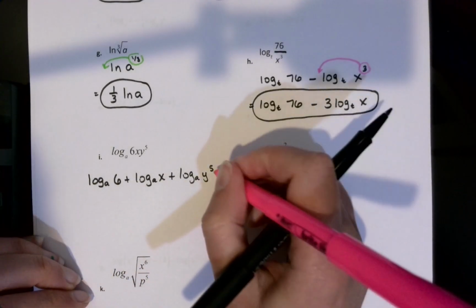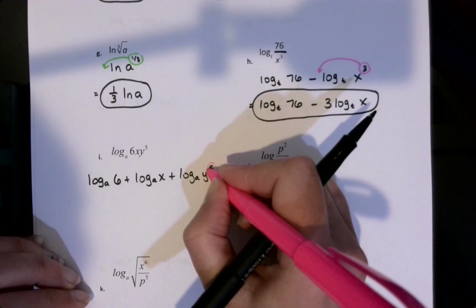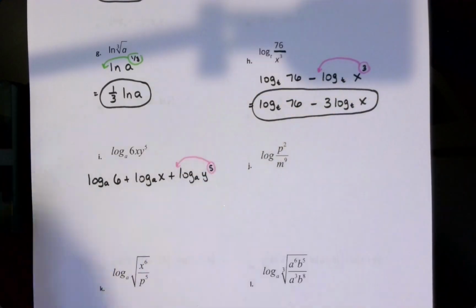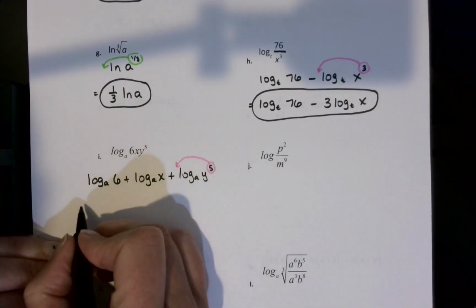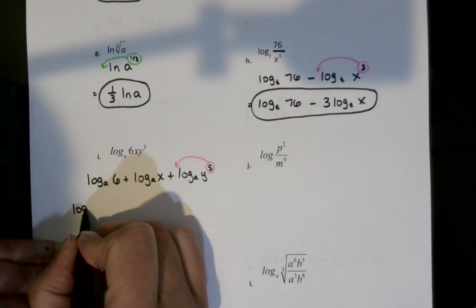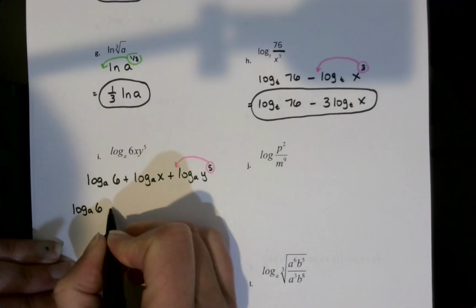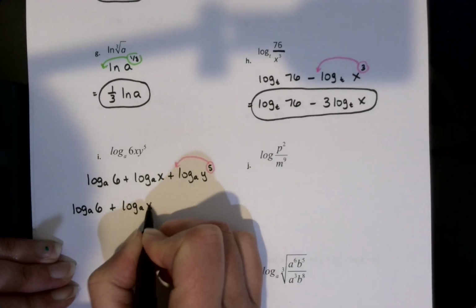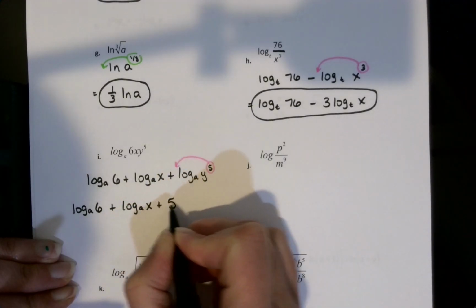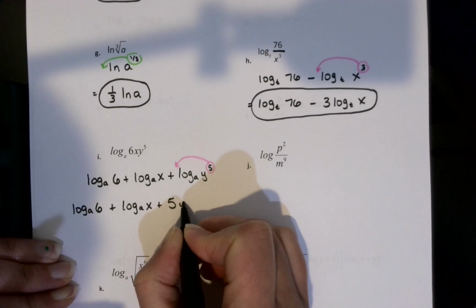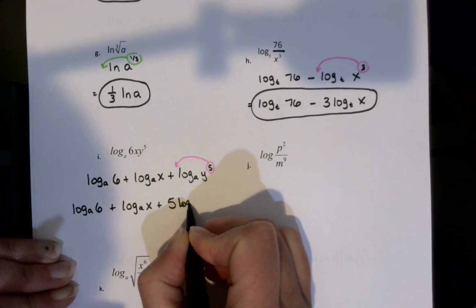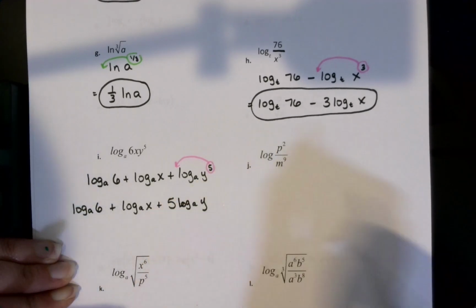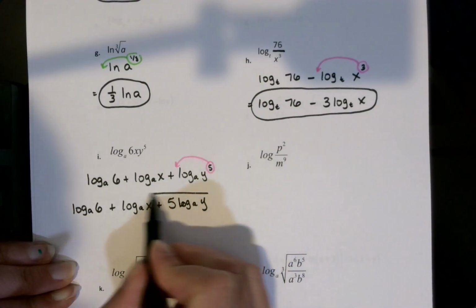And then there is an exponent on y to the 5th, so we'll use the power property to move that down into the front, and we'll end up with log base a of 6 plus log base a of x plus 5, I forgot to write the log for a second, log base a of y. There we go.